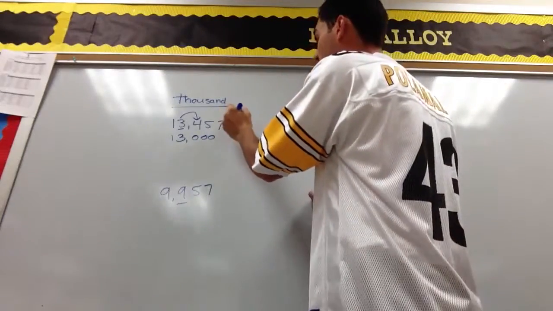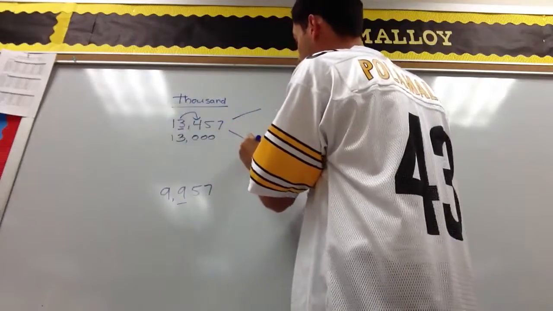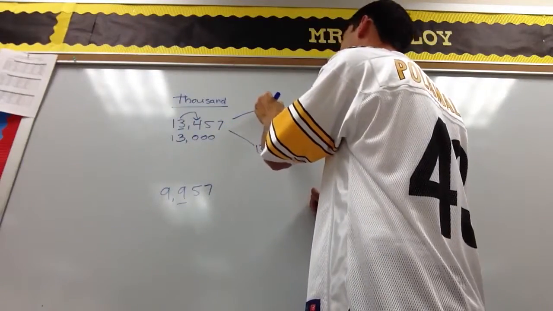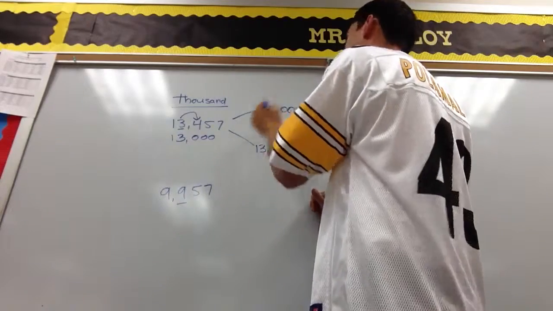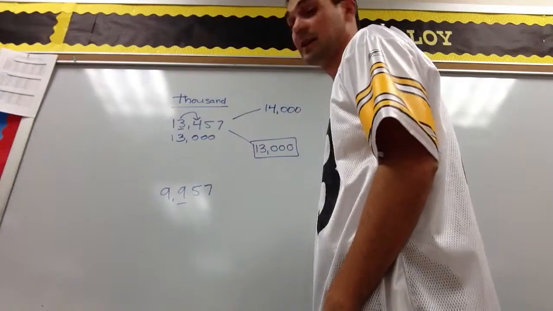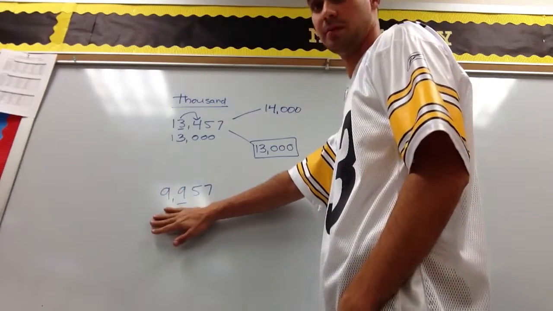I prefer this method, thinking, okay, in the thousands place, I can either round down to 13,000 or round up to 14,000, and then the 4 tells me that I'm closer to 13,000. Okay?